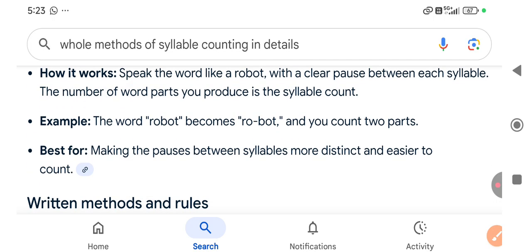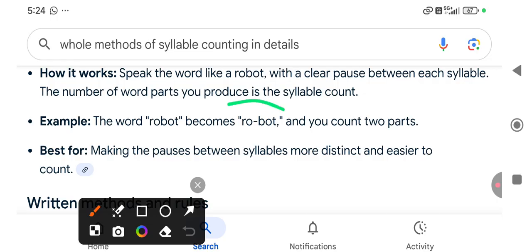Row, boat, two parts. Row, boat, right? So you can imagine you are a robot, and you are speaking the word slowly, out loud. So this way you have to focus on the vowel sounds, and "robot" is a two-syllable word, right?